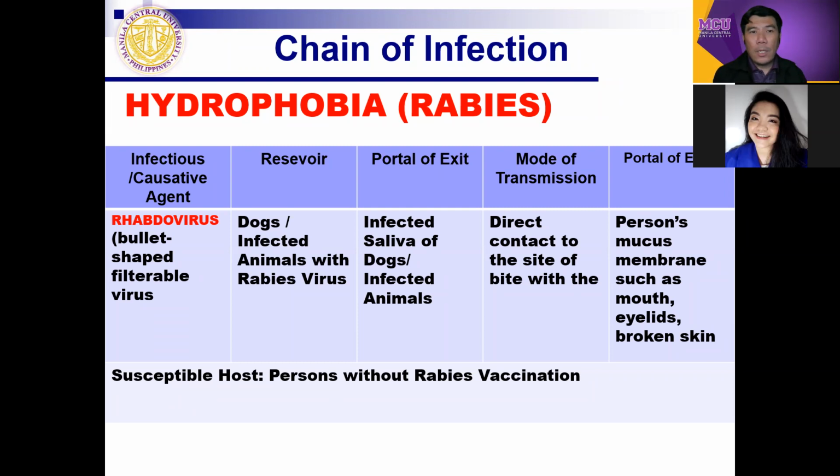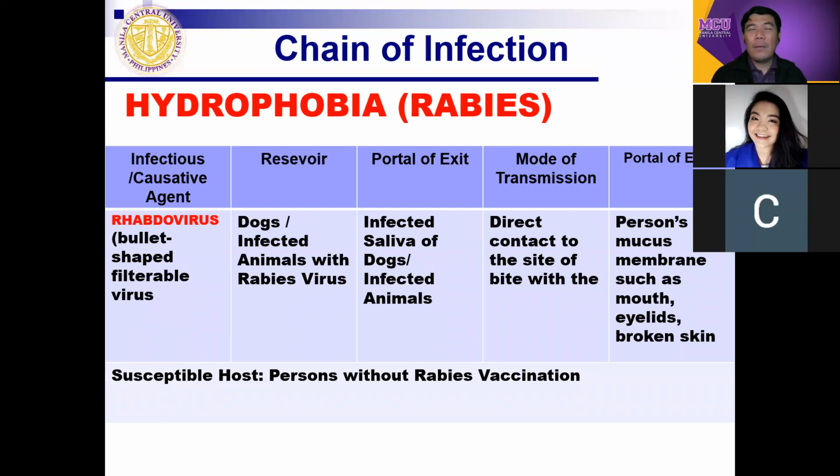Tapos if the person is already experiencing difficulty of breathing, drooling of saliva, so that's already the period of illness. That's why it did not proceed to the period of decline and period of convalescence, simply because those are symptoms that the rabies virus already reached the brain.